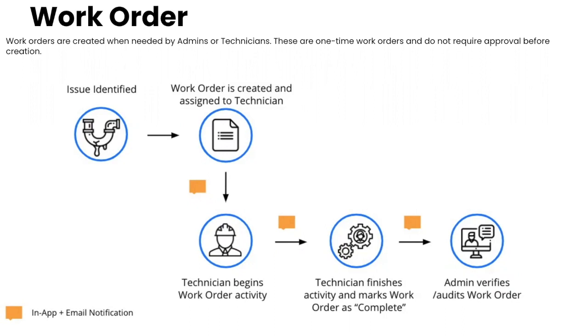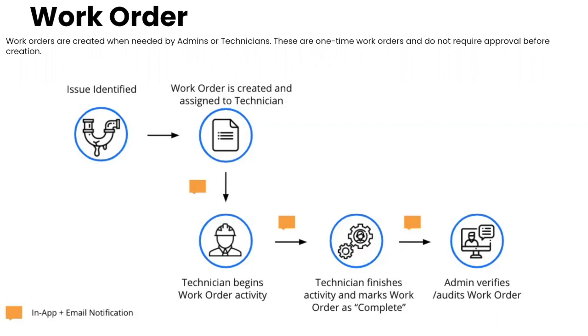So in these steps, the issue is identified and the work order is assigned to a tech or an administrator, and then you just process and complete as normal. And then once complete, the administrator can then verify and audit that the work order was done correctly.